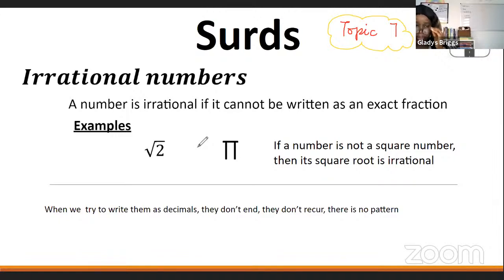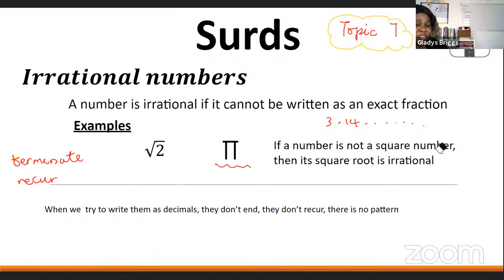Normally with numbers or with fractions, when you convert them to decimals, they either terminate or they recur. Irrational numbers, a lot of them don't do that. Like if you put pi, it will go 3.14 and it will keep on going and changing the numbers forever. It never settles down. So that's an irrational number.